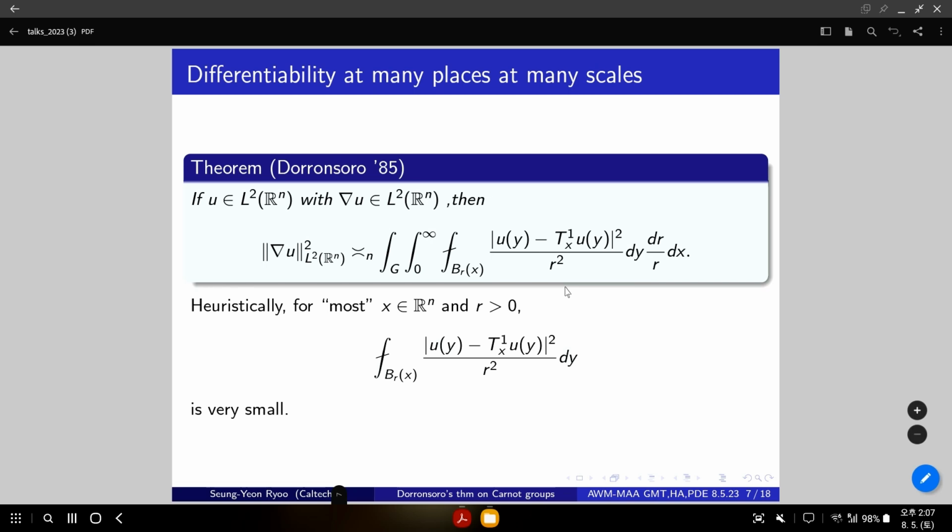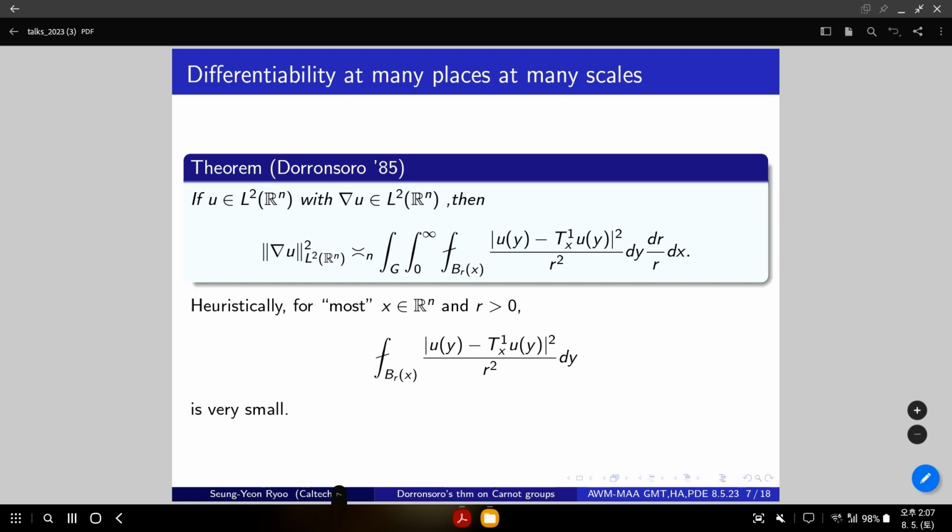The contribution of Dorronsoro in question is the following theorem. It says that if u is a square integrable function in L^2, such that its gradient is also square integrable, then you have this somewhat remarkable inequality, where the symbol means that those expressions are equivalent up to two constant factors.